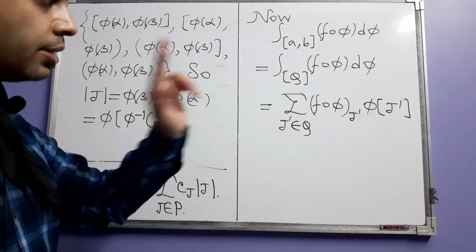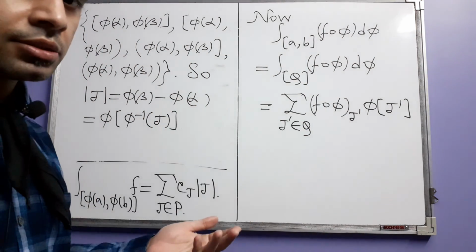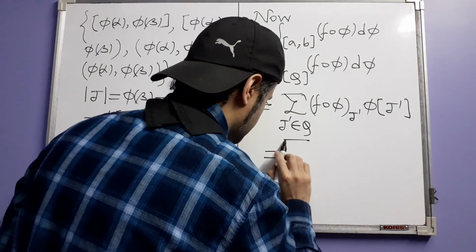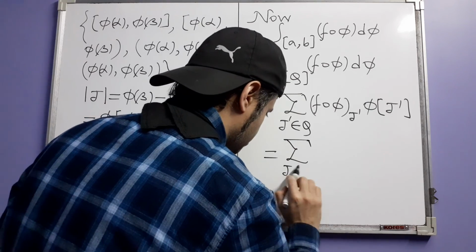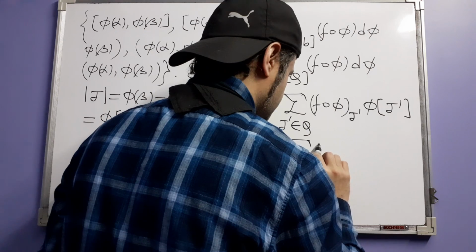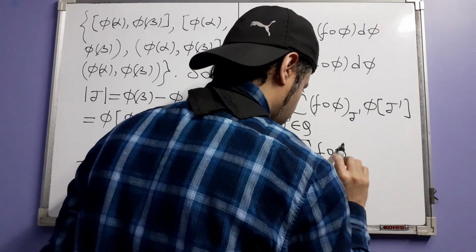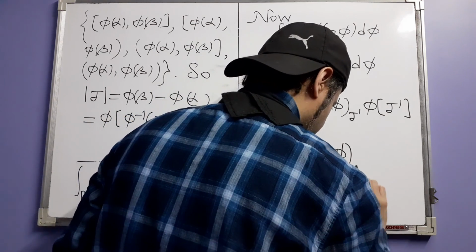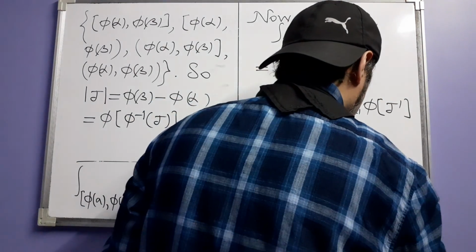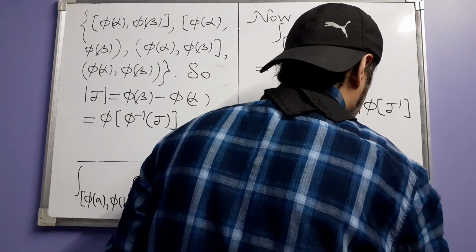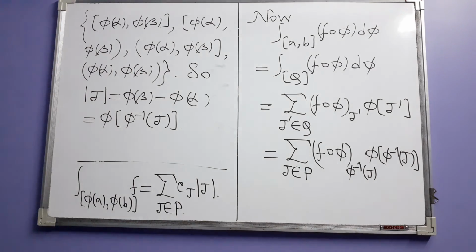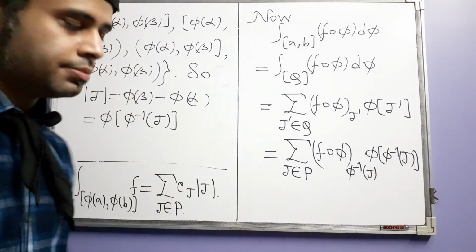However, we know what the elements in Q are. They are phi inverse of J, where J is coming from P. So the sum changes to this. Phi inverse of J, which is actually J prime, and phi of phi inverse of J. And we know that this is Cj.